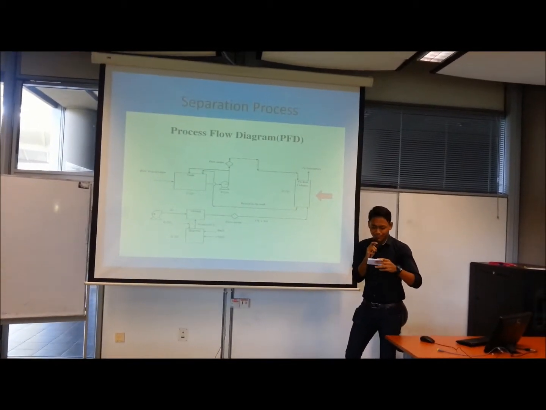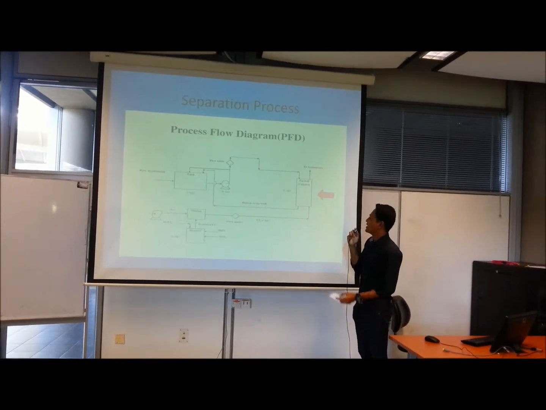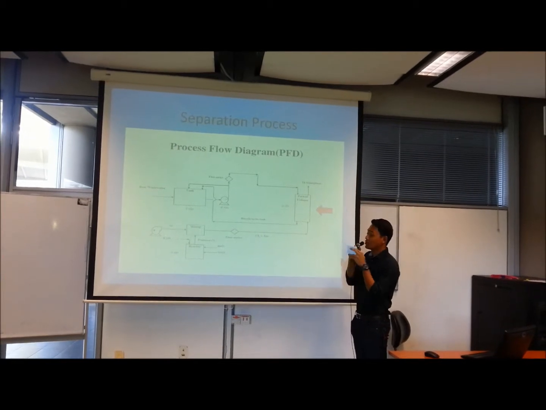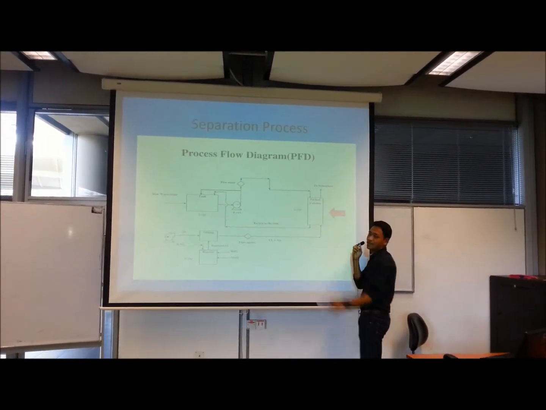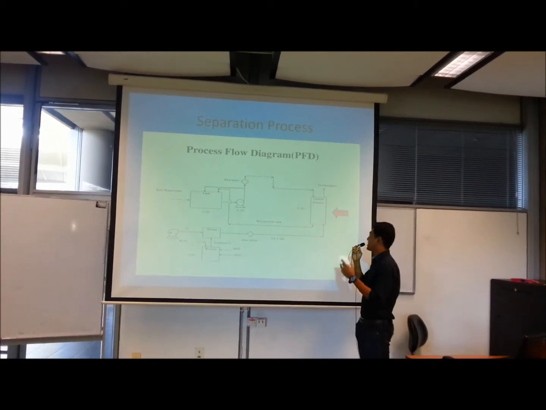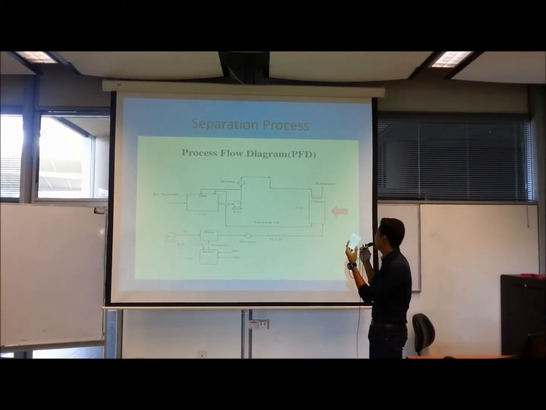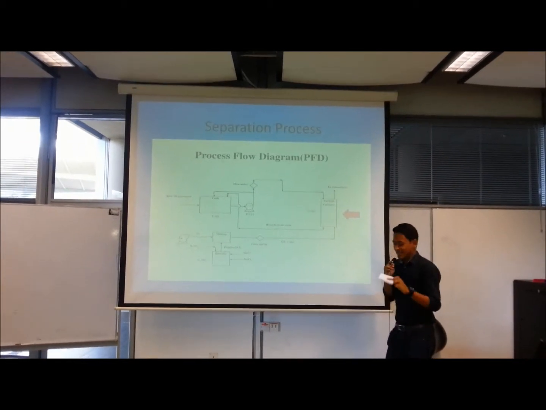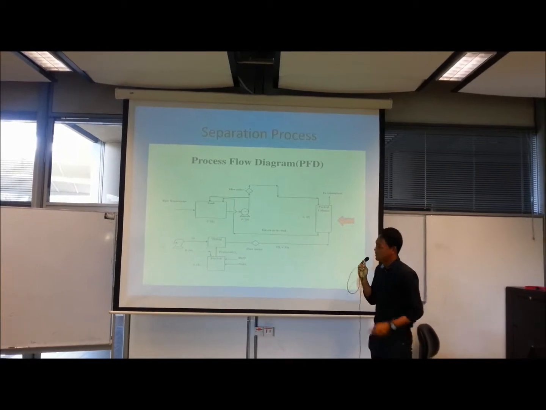The absorption will take place in this column, which will separate the wastewater and the contaminants. In the packed column, we have some materials which increase the contact time and also the surface area between the upward and downward flowing materials.